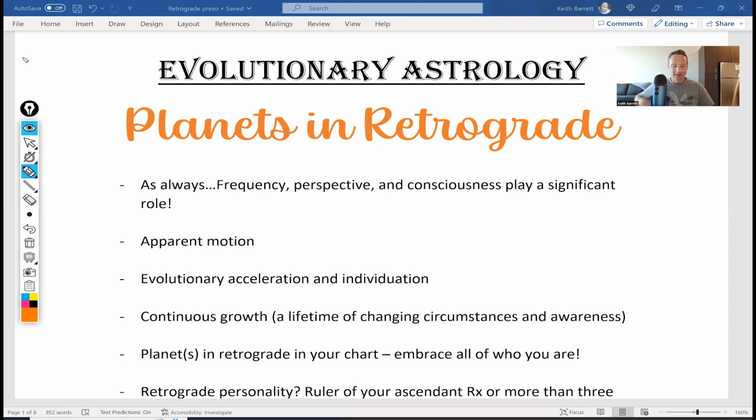And so, where was I going with this? Well, with retrograde planets, with any planets really, it's the same thing. How do you experience this retrograde motion? There's a frequency, which means you can experience or interpret it as being really difficult, or you can say, no, I get it. Some of the things I went through were challenging, but I had to, because it was part of my soul's evolution.